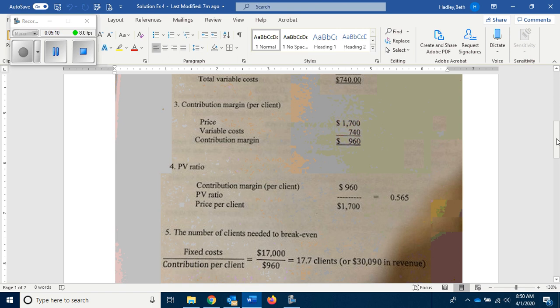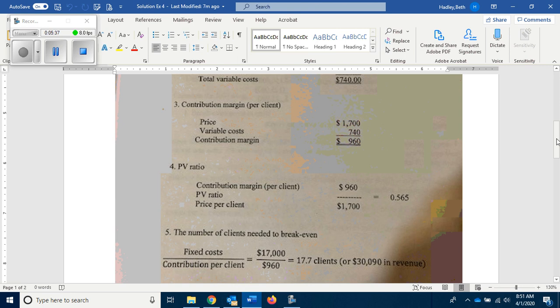While that's not realistic, we can't really do 17.7 clients, so we need to round that up to 18 clients.